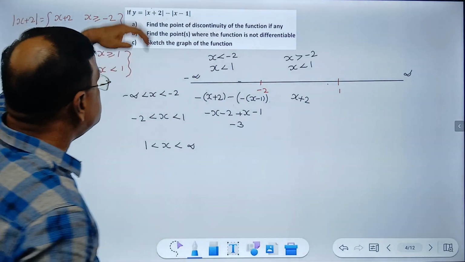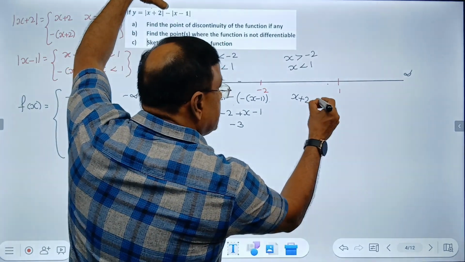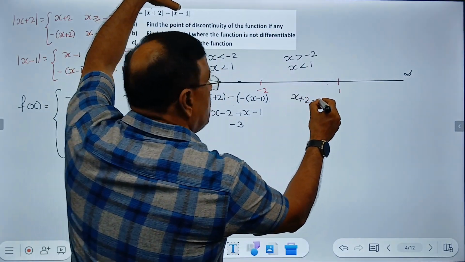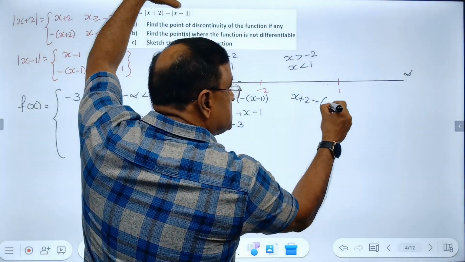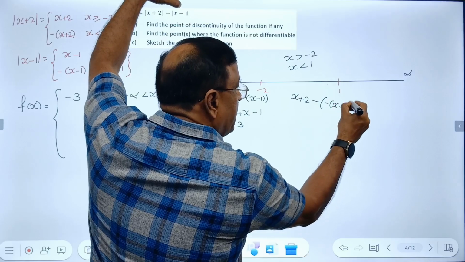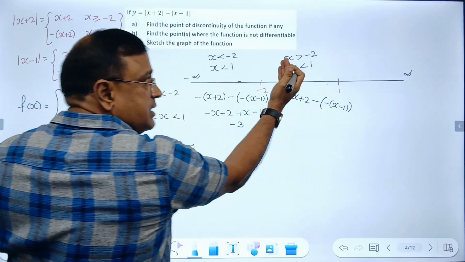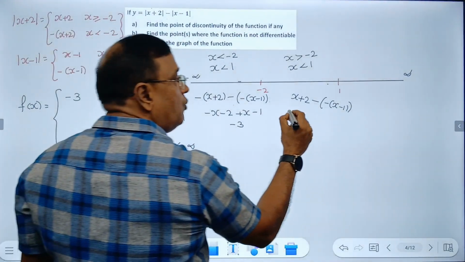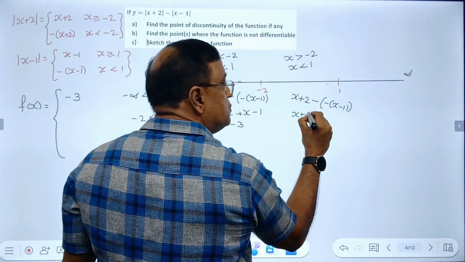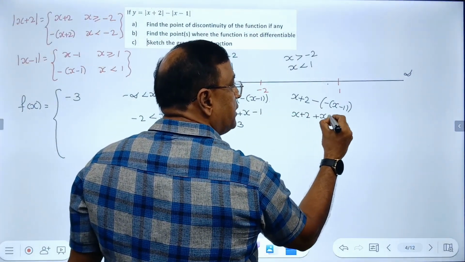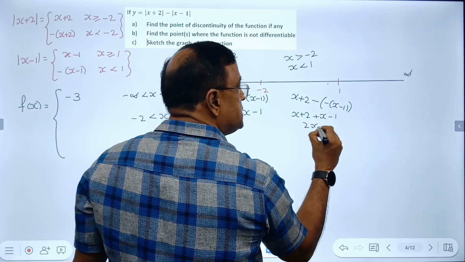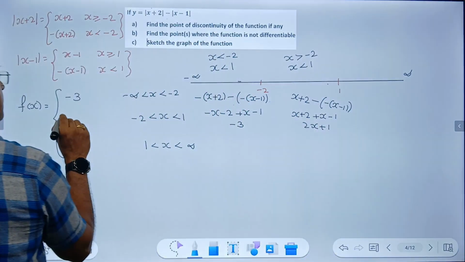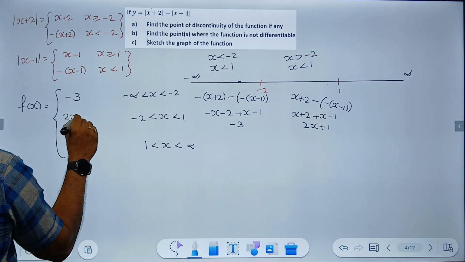But since this is less than 1, first you put this minus sign. And what is the definition of modulus x minus 1? Minus of x minus 1. Why is it minus of x minus 1? It is less than 1. If it is less than 1, it is minus of x minus 1. Now open the bracket. x plus 2 plus x minus 1, which is 2x plus 1. Just write 2x plus 1.